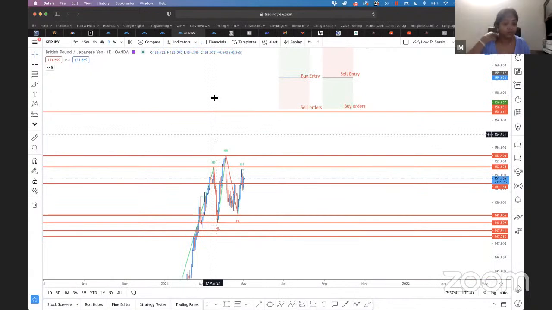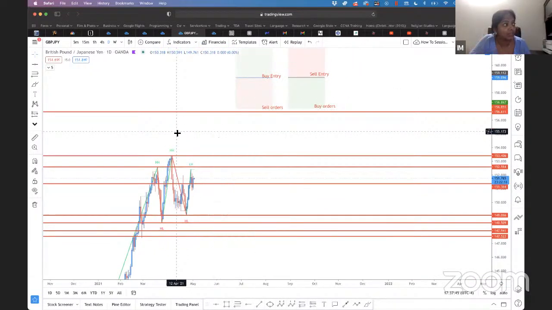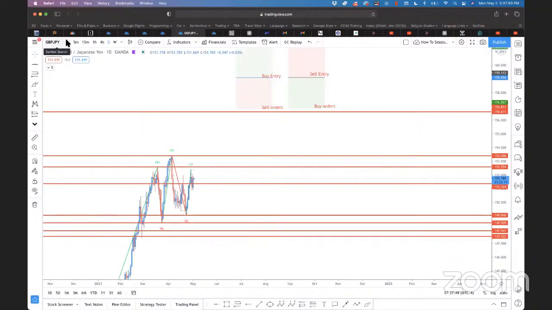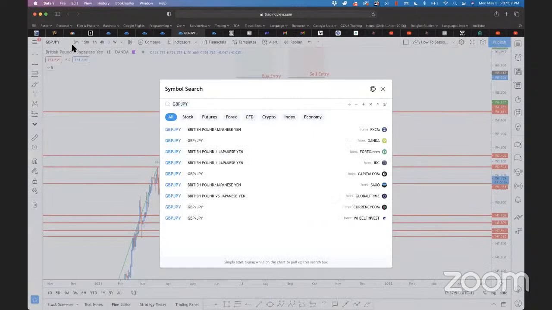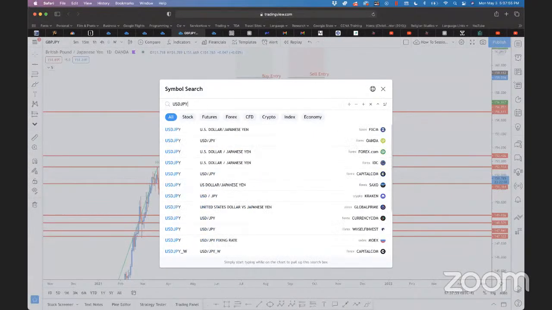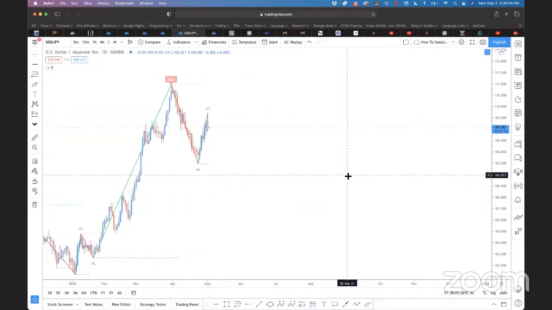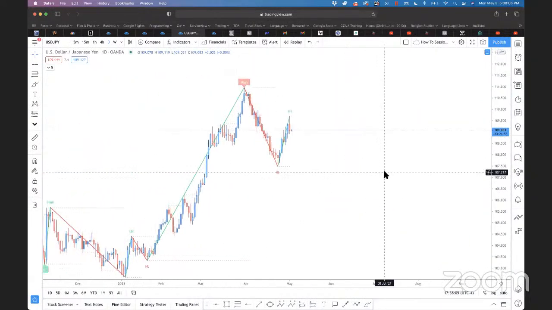Actually, on USDJPY on the daily, I see two order blocks. On the daily, or what are you looking at?